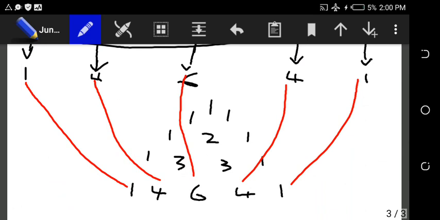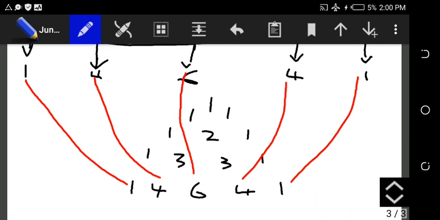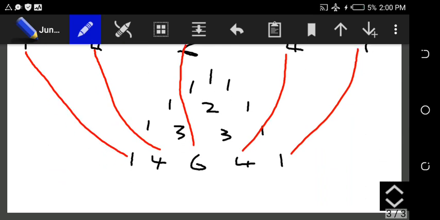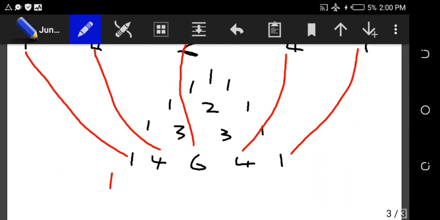So when you want to draw, let's say that I want to continue this and draw up to 5, that will give us 1, 4, 1 plus 4 will give us 5, 5 plus 6 will give us 10, 6 plus 4 will give us 10, 4 plus 1 will give us 5, and then 1.